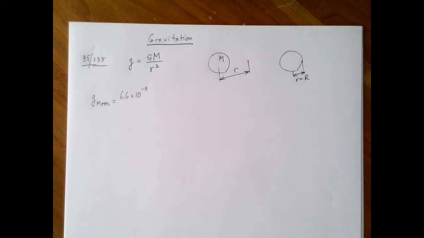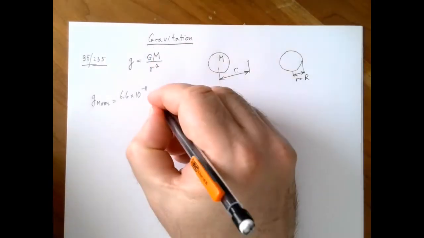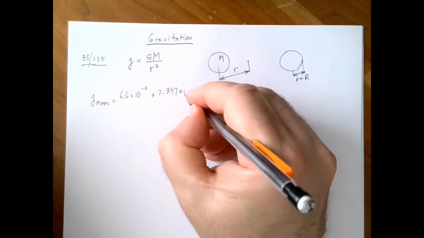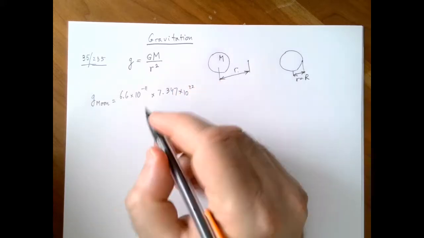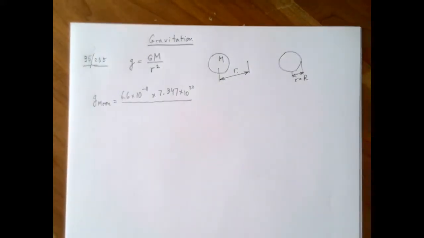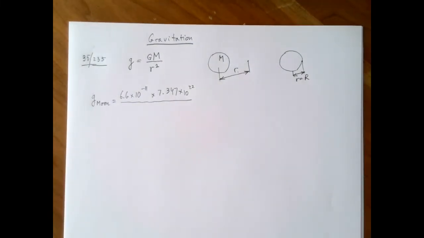So the mass of the moon, as long as the object is specified, we can look it up. The mass of the moon is 7.347 times 10 to the 22 kilograms. And the radius of the moon is another quantity that we can find.